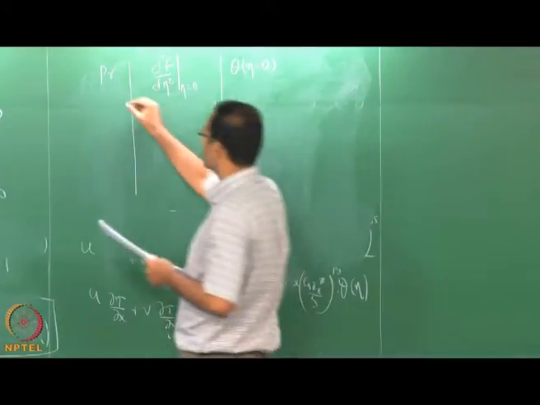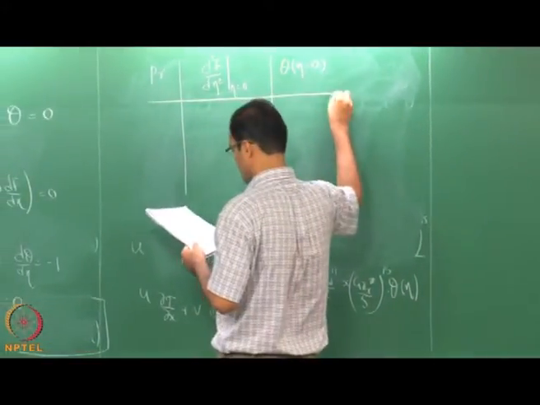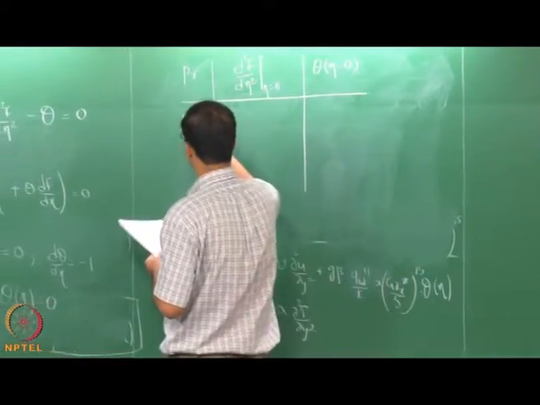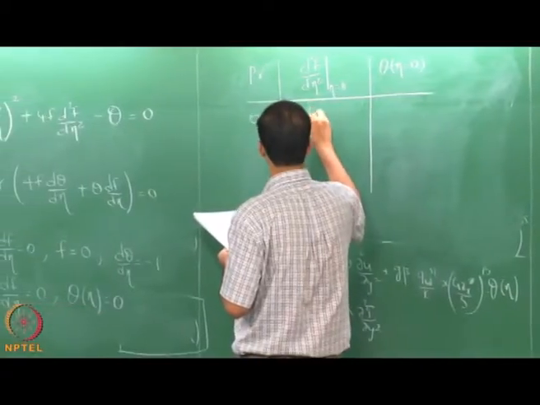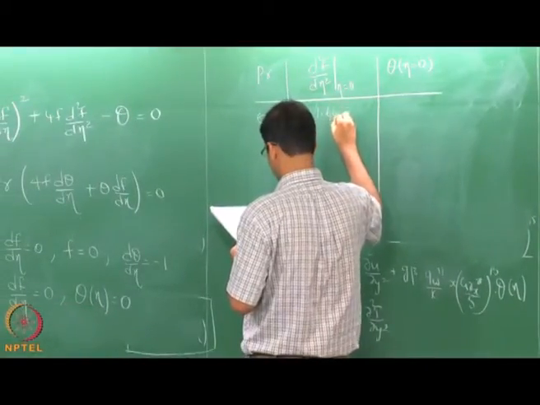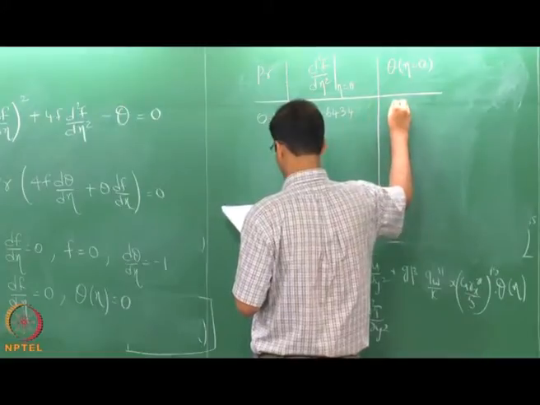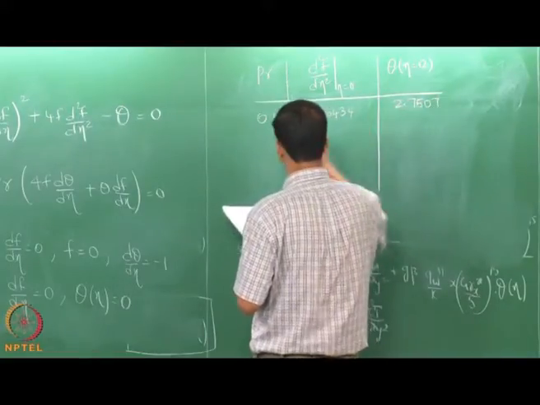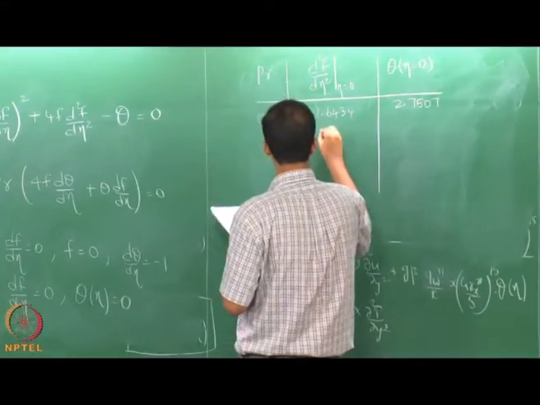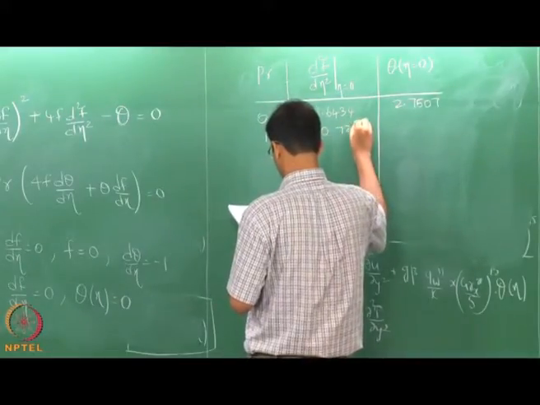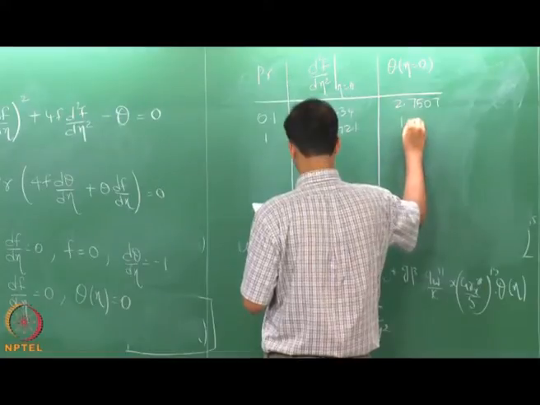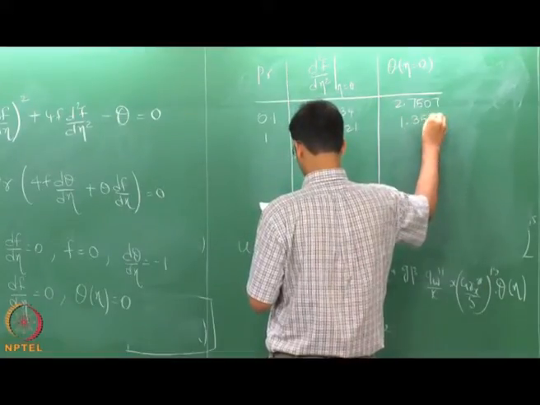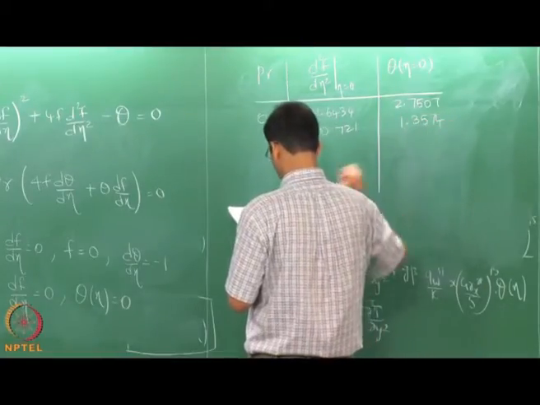So, for different values of Prandtl number, 0.1, this is 1.6434, this will be 2.7507. Prandtl number of 1, this is 0.721, 1.3574.